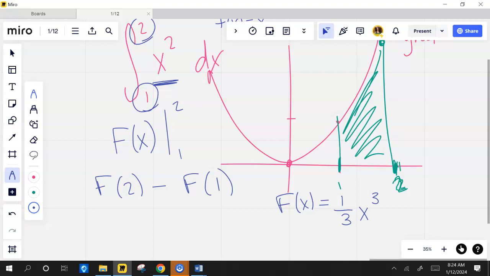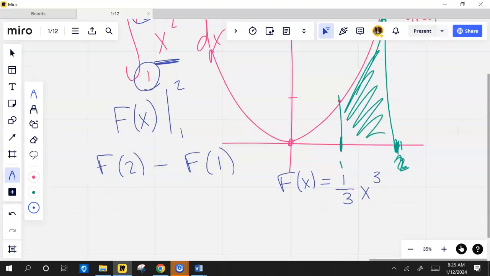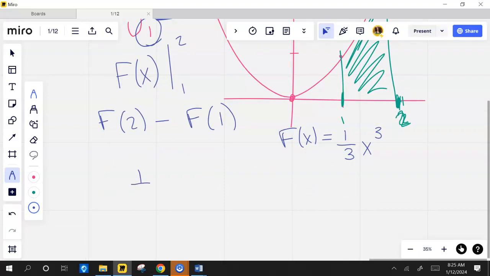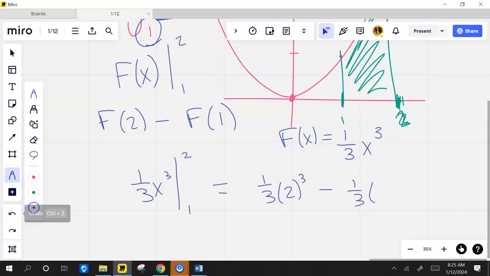All right, y'all all with me? So now really what I'm doing is taking 1/3 x cubed and evaluating between 2 and 1. So I would do 1/3 times 2 cubed minus 1/3 times 1 cubed. Plug it in and find that value.